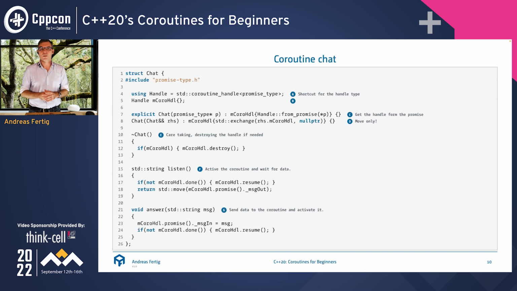And then in line number 21, answer takes a std string message and moves it into the promise type's msg in. So these are our in and out channels to the coroutine from the complete outside. And then in line number 24, should the coroutine not be finished, we resume it at this point. Okay. So this is our wrapper type chat.